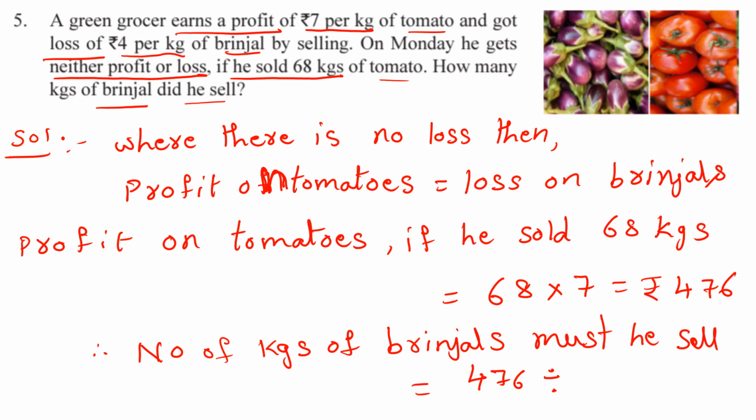He gets 4 rupees loss per kg, that's why we should divide by 4. So that equals how much? That is 119 kgs. So he must sell 119 kgs.